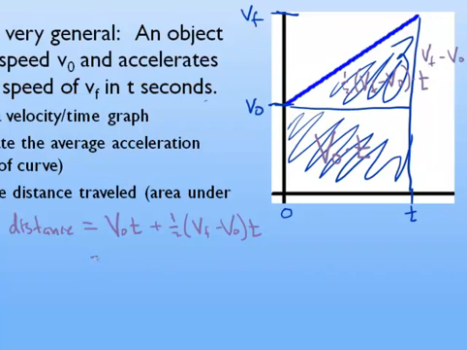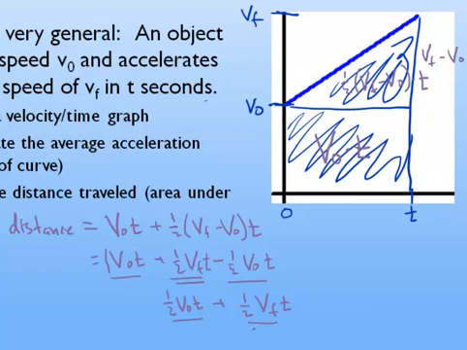If we distribute first, we get V naught t plus 1/2 of Vf t minus 1/2 of V naught t. Here we've got 1 V naught t minus 1/2 of a V naught t gives us 1/2 of a V naught t plus 1/2 of a Vf t. And if we factor out the 1/2 and the t, this gives us 1/2 V naught plus Vf t.